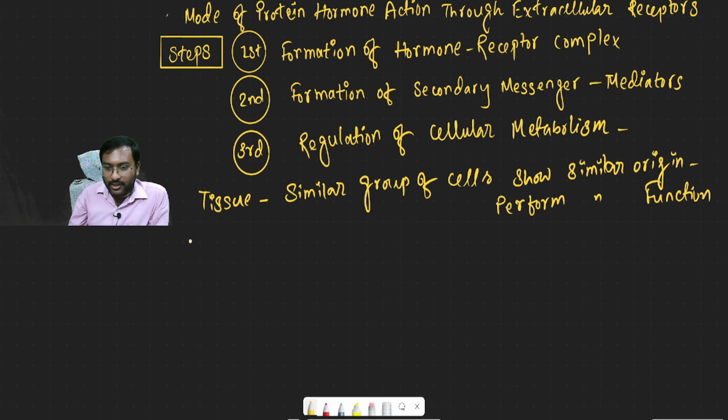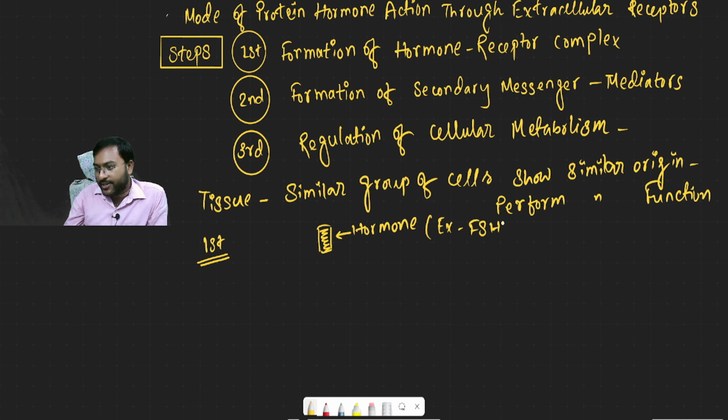Okay. So for better understanding, I am going to show a diagram. Suppose this yellow color structure is a hormone. Say, for example, this hormone is FSH, or follicle stimulating hormone.